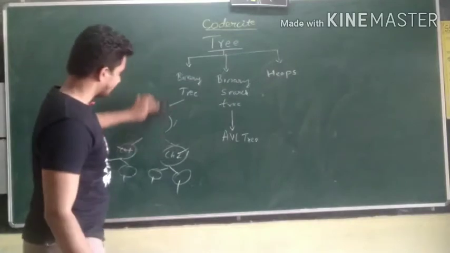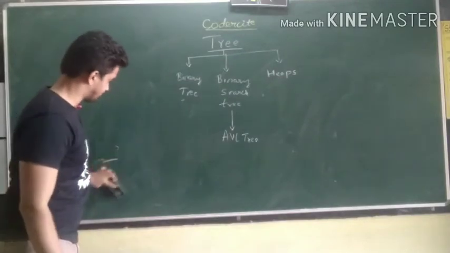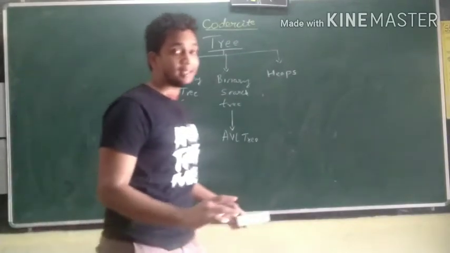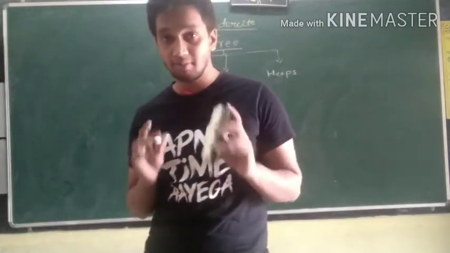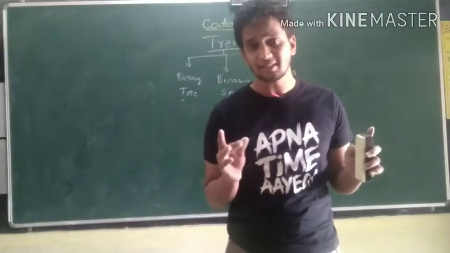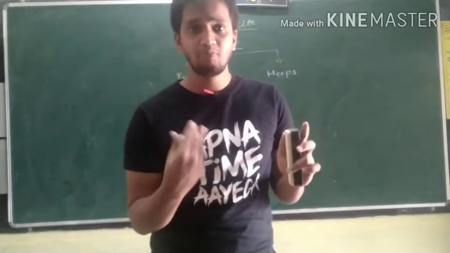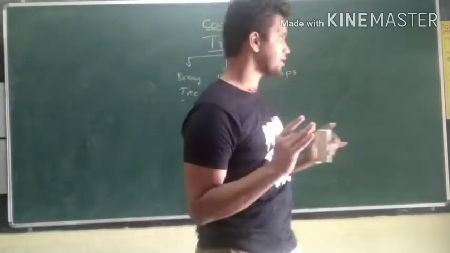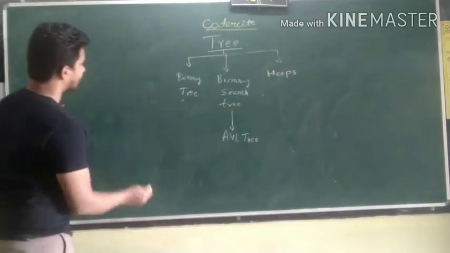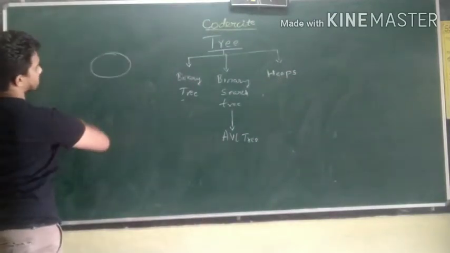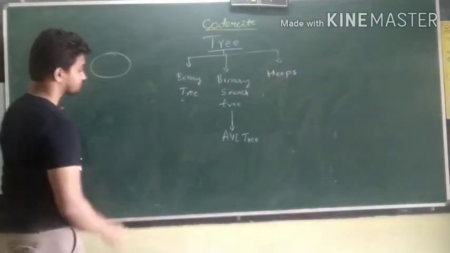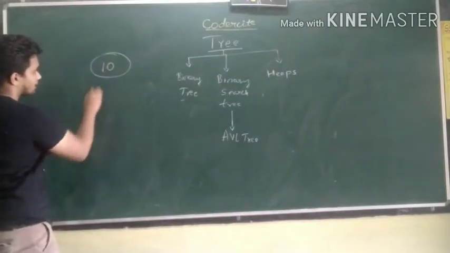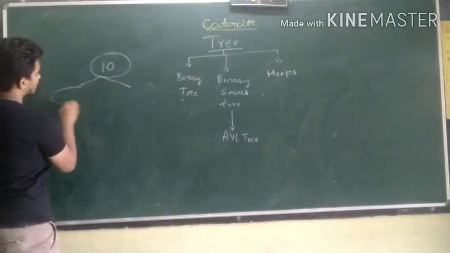And what is a binary search tree? A binary search tree, BST for short, is nothing but an arrangement of elements in a tree manner. If a binary tree has a root, let me take its value as 10, it will be having two children.